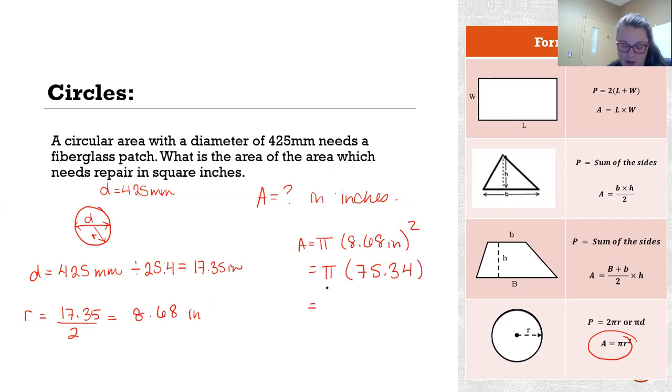Multiply that by pi. Gives us 236.7 inches squared. So that's the area. That will be the area that we need to repair.